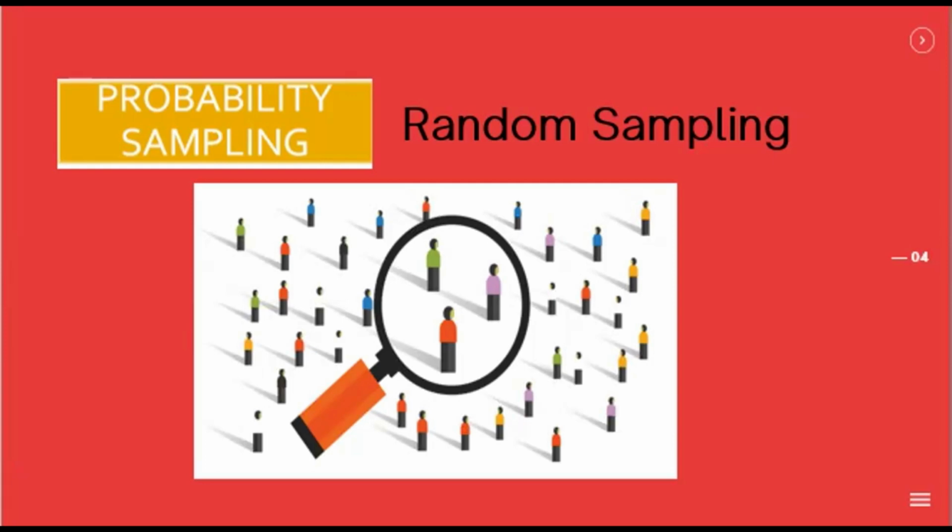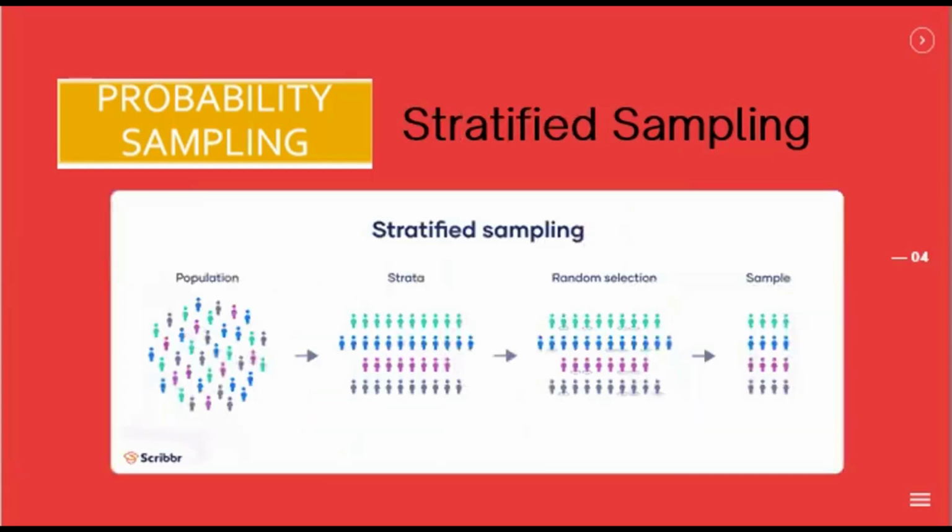So now let's proceed with the second type of probability sampling, which is stratified sampling. This is a probability sampling procedure in which the target population is first separated into mutually exclusive, homogeneous segments known as strata, and then a simple random sample, or random selection, is taken from the segments.